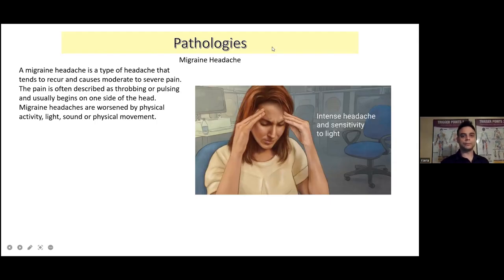So massage for migraine headaches is more palliative. It's not to say that we won't make them feel better, and making them feel better might actually get rid of the headache to a certain degree, but it's never going to be solved by massage itself, right?